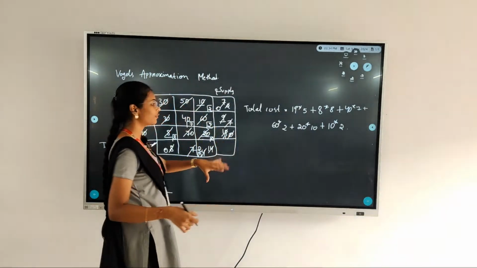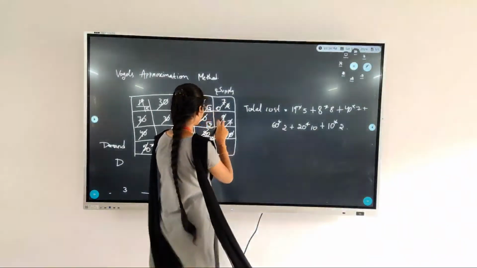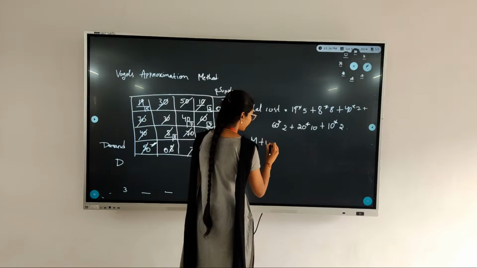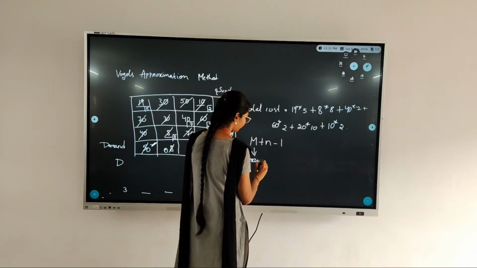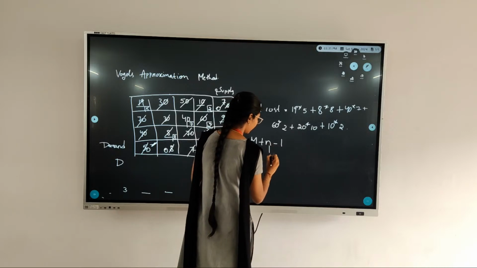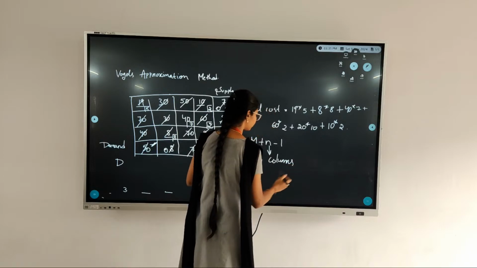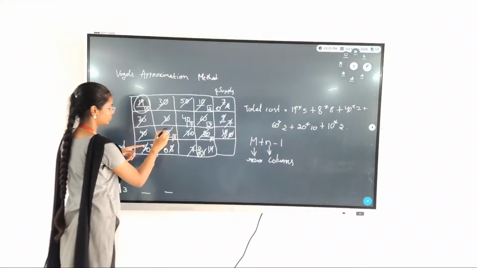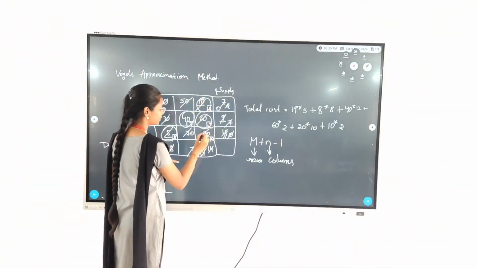Now, if we need to check whether the allocations are correct or not, we use a formula known as m plus n minus 1, where m is the number of rows and n is the number of columns. Here the occupied spaces are 1, 2, 3, 4, 5, 6.